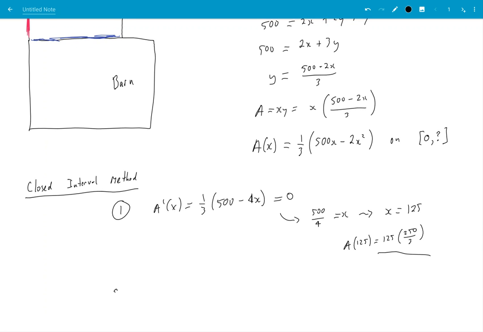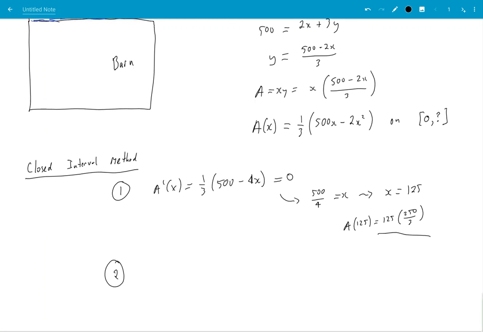Now I would check the endpoints. I'm going to say there's no need to check endpoints, since, look at A of x. A of x is a parabola facing down.